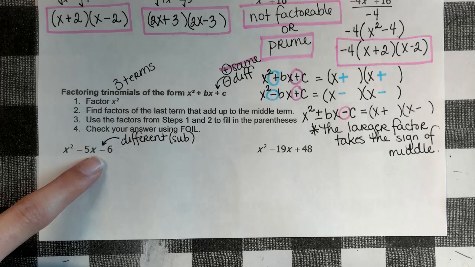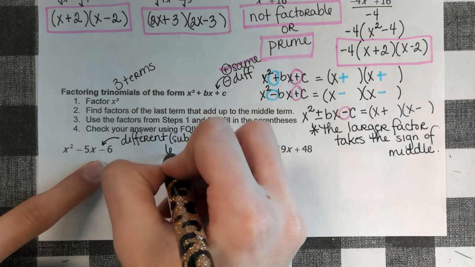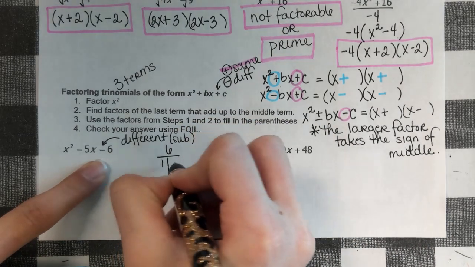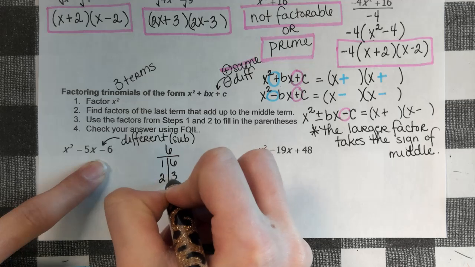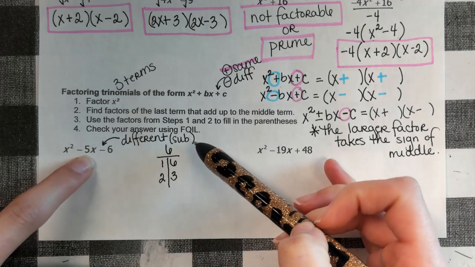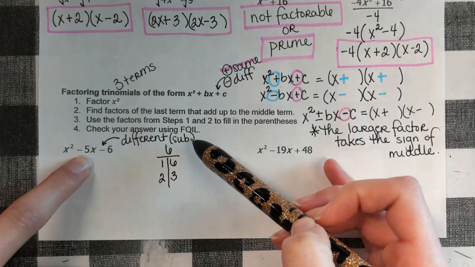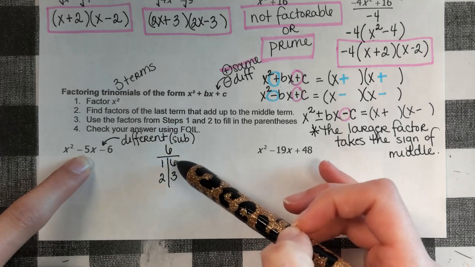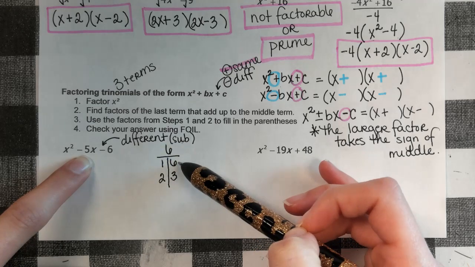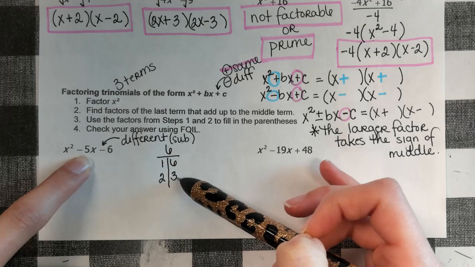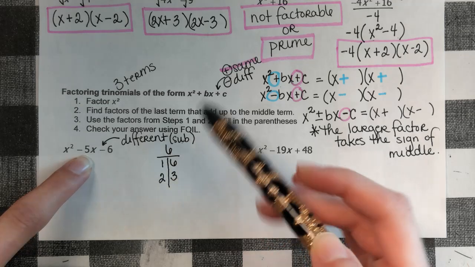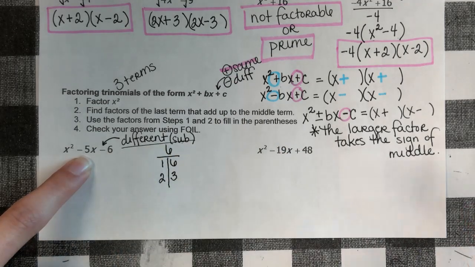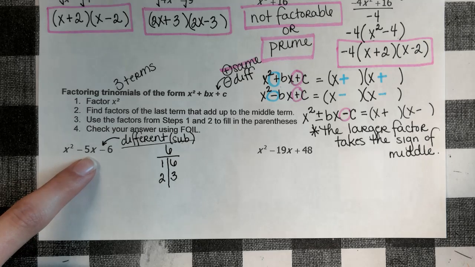So I'm going to take factors of my 6, which are 1 and 6, 2 and 3, and I want them to give me a 5. If I don't know that they're subtracting, both of these combinations could give me a 5. I could subtract 1 and 6 and get a 5, or I can add 2 and 3 and get a 5. So you have to know when they're different, you subtract. When they're the same, you add.